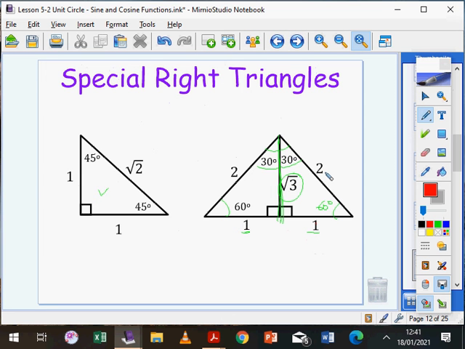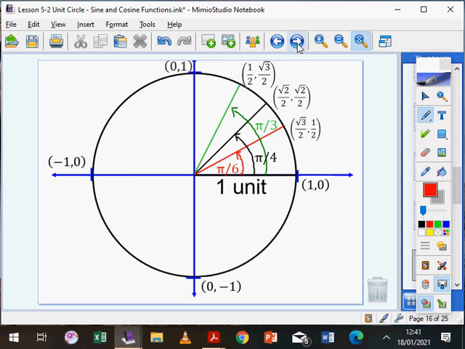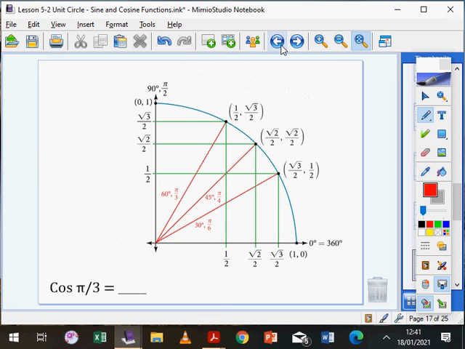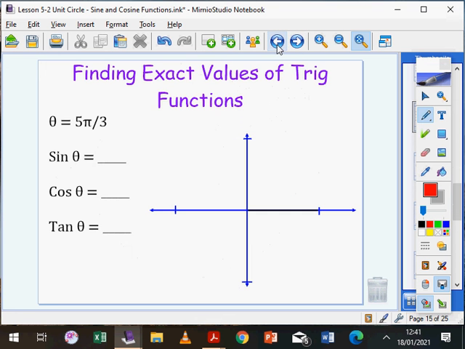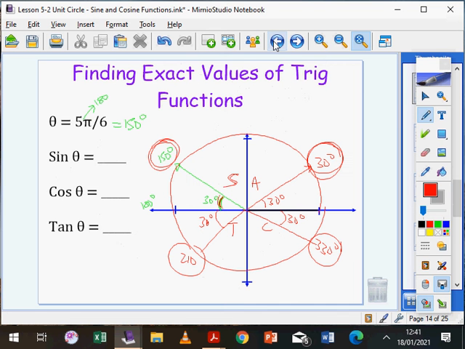Going back to where I was. Where was I? There we are. Okay. The opposite in a 30-degree triangle is 1. The hypotenuse has to be 2, and the height, which is over here, is square root of 3.